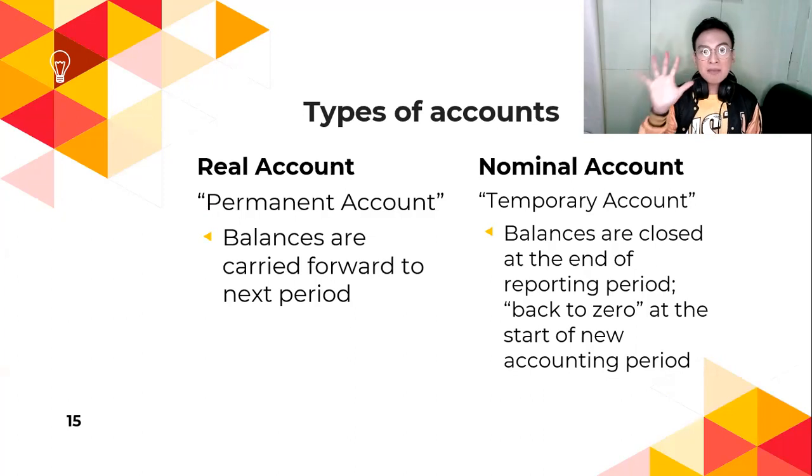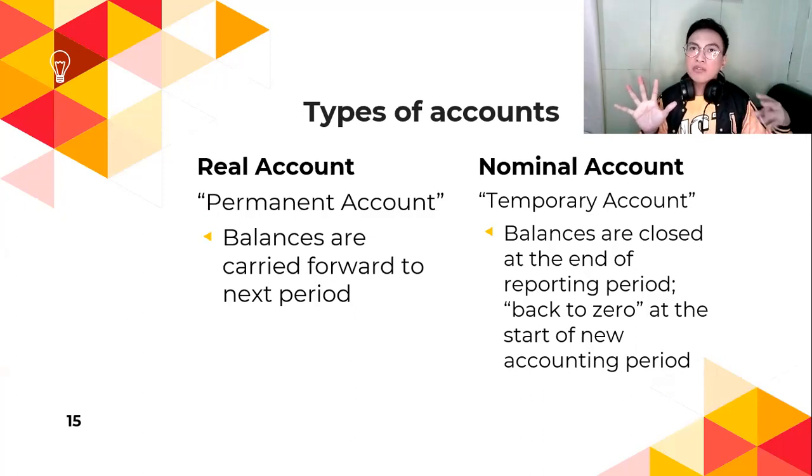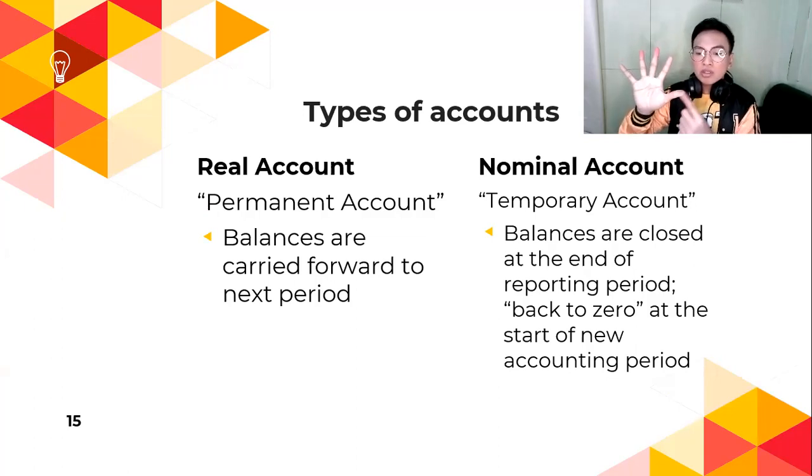Dun sa ating kamay na ginamit dun sa overview dun sa first video natin, those first three items or yung original na elements in the accounting equation, yan yung mga real accounts na tinatawag natin. The asset, the liability, and the equity.